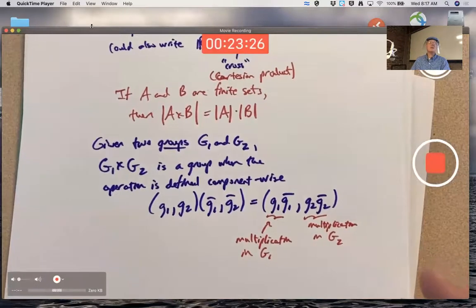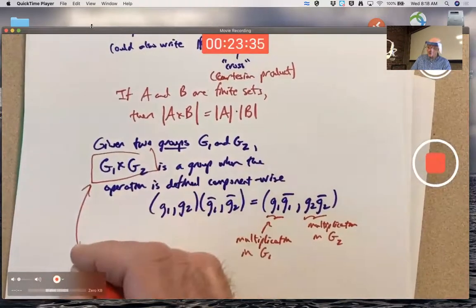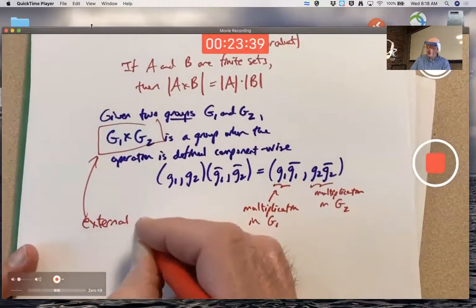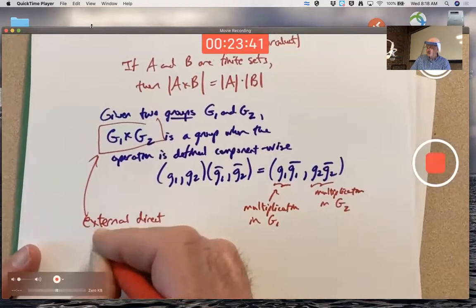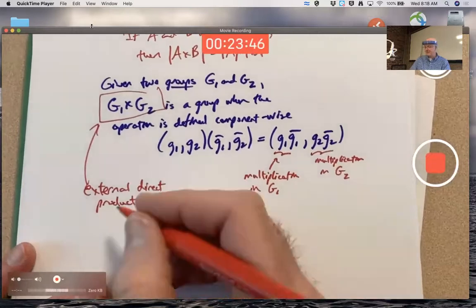This is actually not the notation that our book uses for this group. It's called an external direct product. External direct product. And I kind of think it's unfortunate.